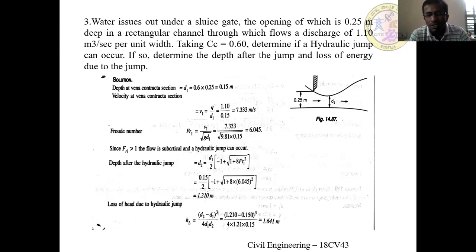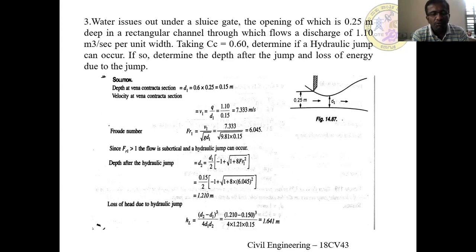It is greater than 1, which means the flow is supercritical. So a hydraulic jump occurs. Once we know F1 and conclude a hydraulic jump occurs, then you pass on to the sequent depth after the jump.